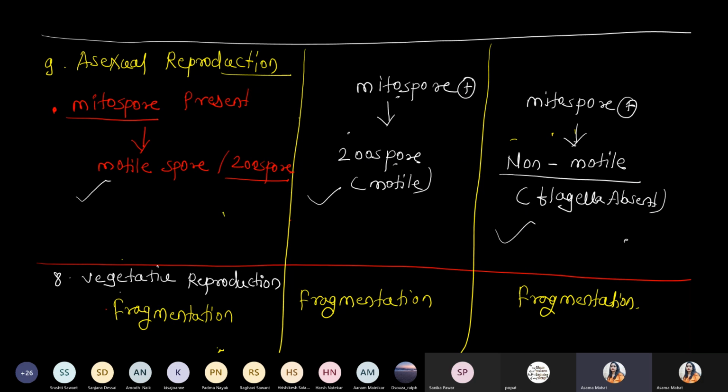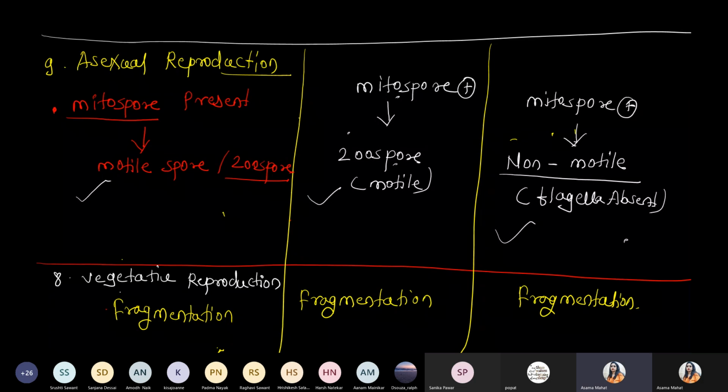But when you talk about the mitospore with respect to red algae, Rhodophyceae, these consist of non-motile spores, non-motile mitospores, where flagella are absent. Got it? Is this point clear?